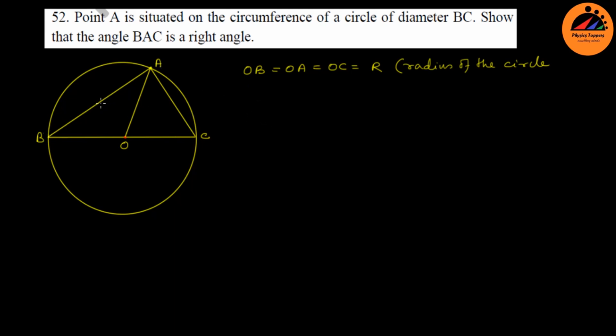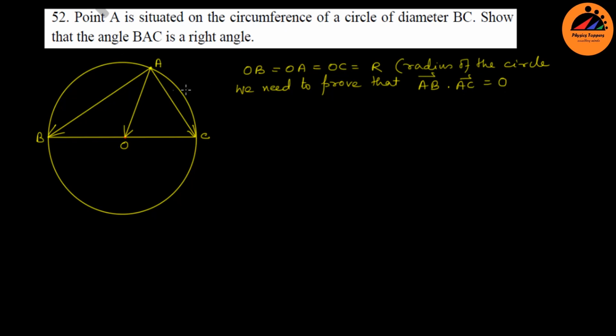So take AB as a vector, A to B. Suppose this is a vector and this is a vector, right? Take this is also a vector. It's very simple. Everything is originating from A. So we need to prove that AB dot AC is equal to 0.